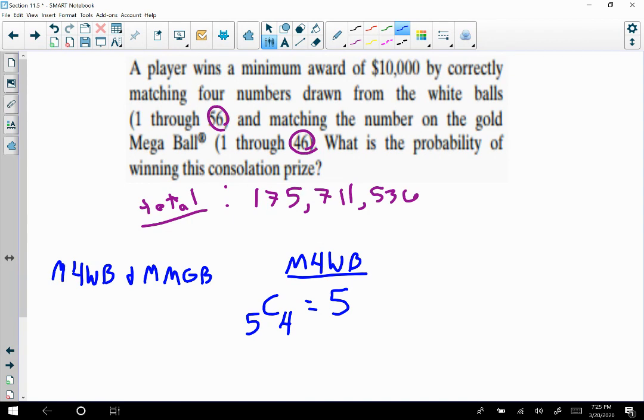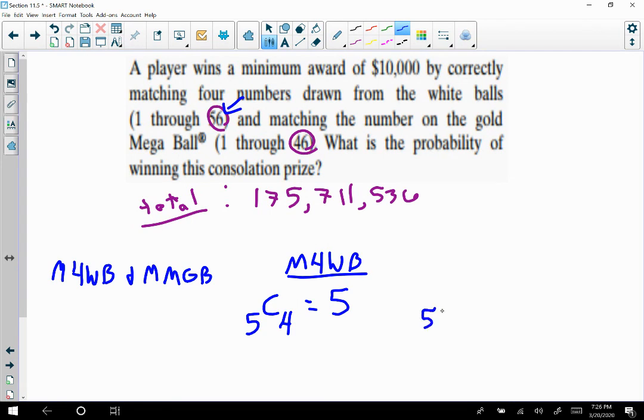Now, we got to talk about how many ways there are to match the last ball that we get. So these are all the different ways we can match 4 balls correctly. There's 5. And then we got to talk about all the ways that we can match or not match the last one. Remember that there are 56 balls total. But remember, 5 of those numbers are going to be correct. So how many balls are not going to be the correct numbers?